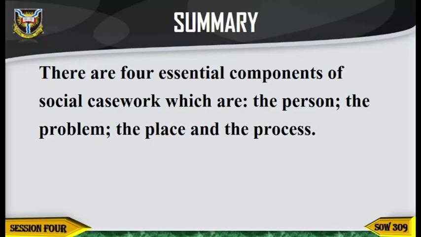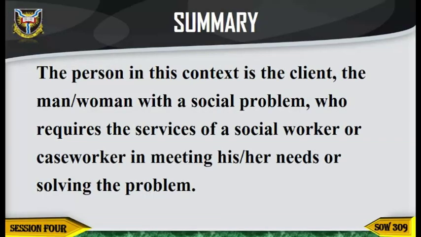Study session summary. There are 4 essential components of social casework, which are the person, the problem, the place, and the process. The person in this context is the client, the man or woman with a social problem, who requires the services of a social worker or caseworker in meeting his or her needs or solving the problem.